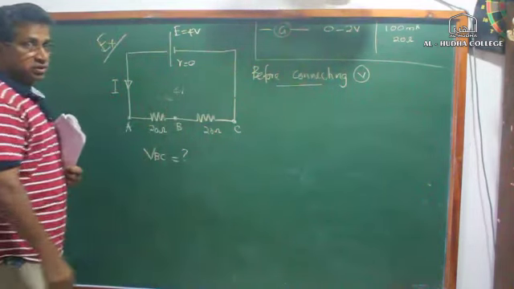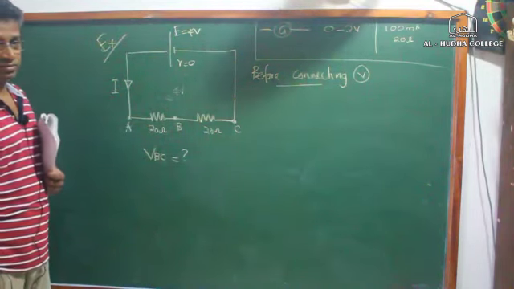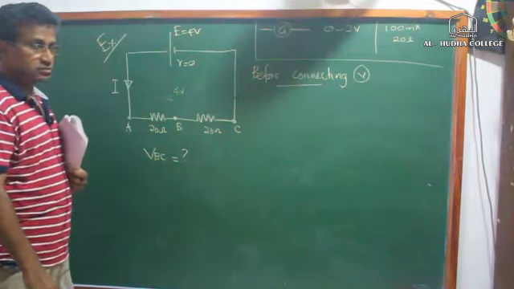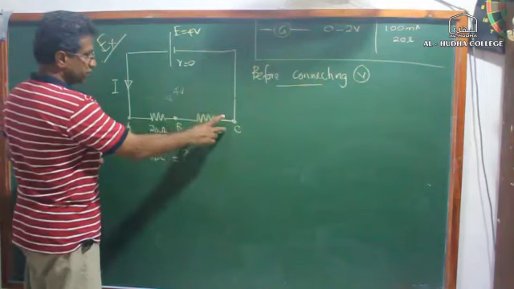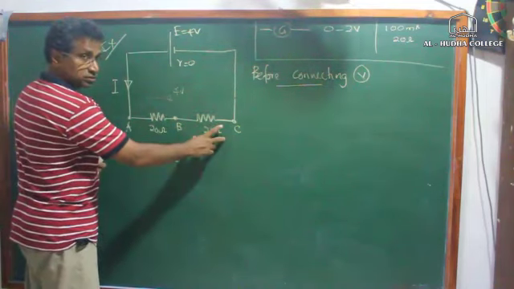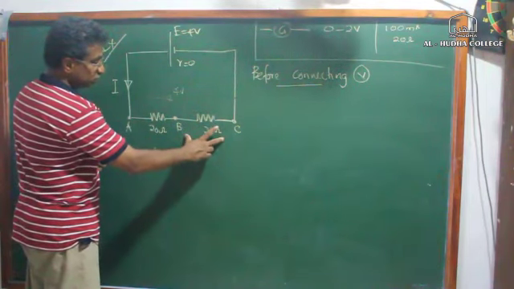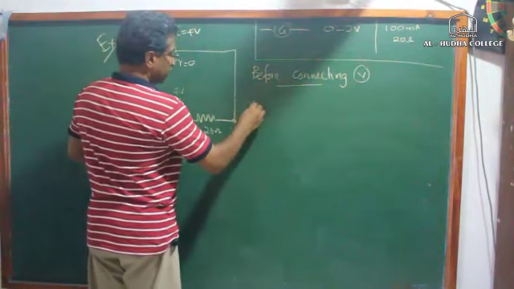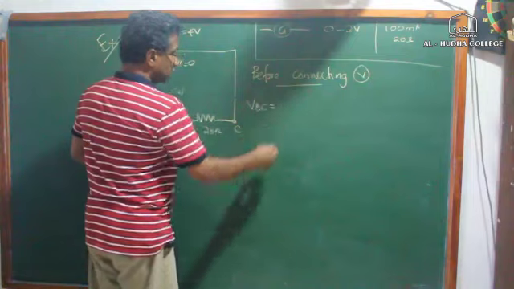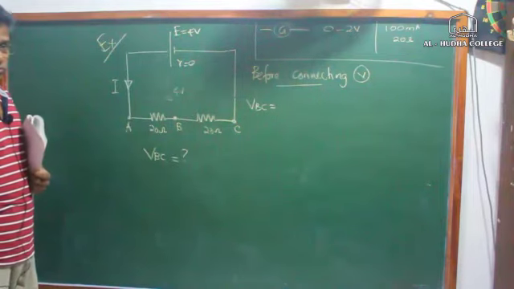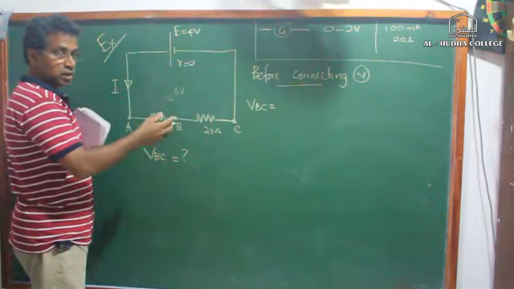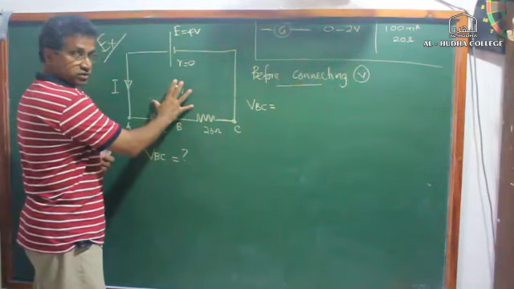How do you use the potential divider method? What is VBC? We have two resistors, and we have to measure the voltage across VBC. The total voltage is 4 volts.